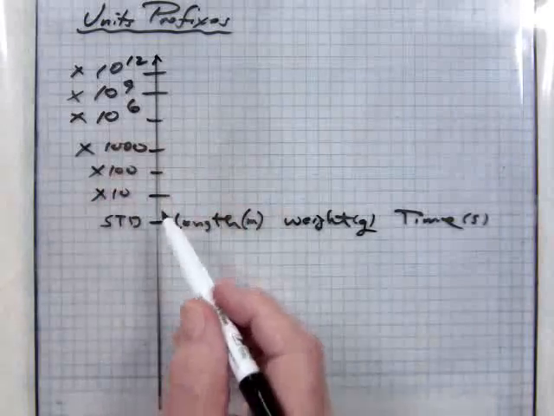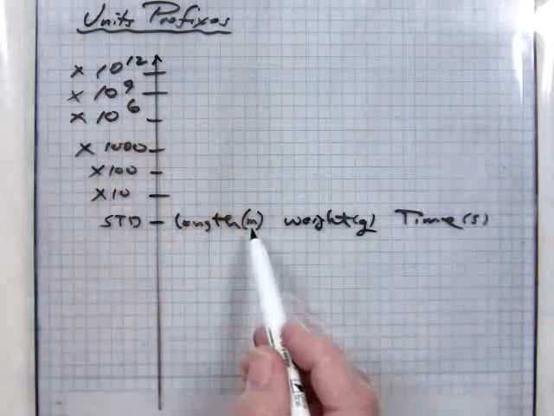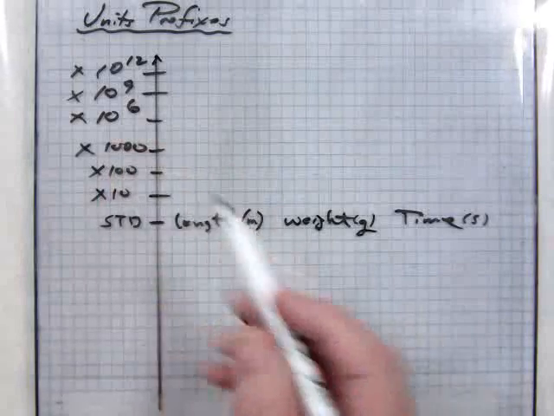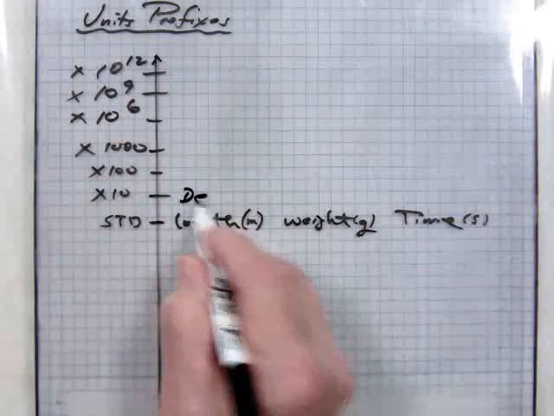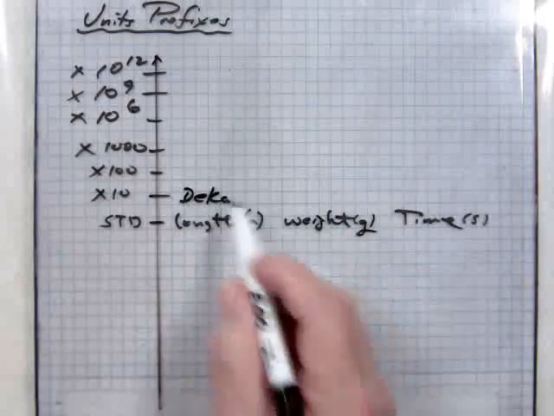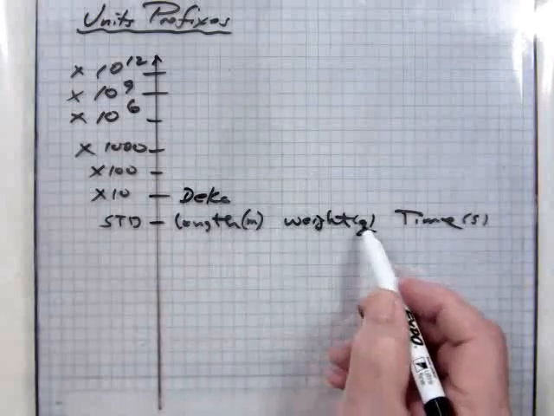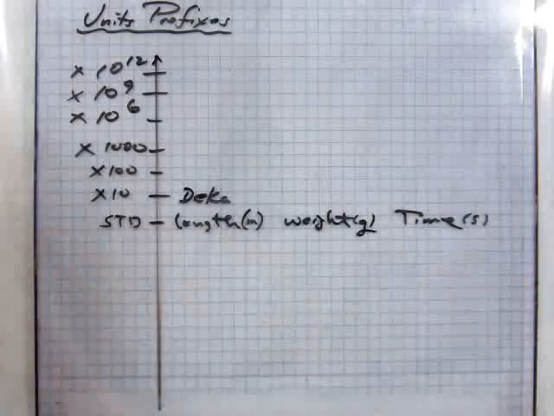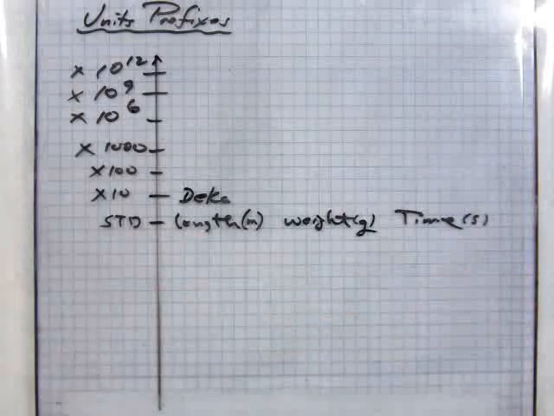So when we talk about length in meters times 10, we call it a deca, and it's decameter, or decagram, or decatime. We're talking about blocks bigger than the standard.